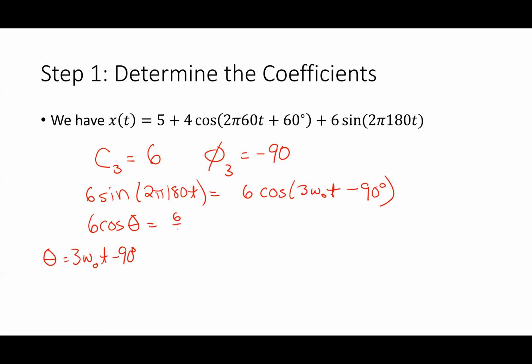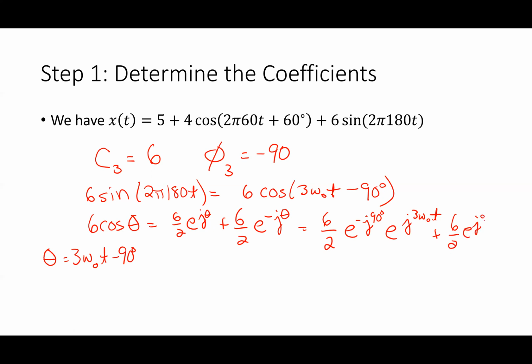And so that's 6 over 2 e to the j theta plus 6 over 2 e to the minus j theta. I just use Euler's identity to write that out. And that gets me to 6 over 2 e to the negative j 90 degrees times e to the j 3 omega naught t, plus 6 over 2 e to the j 90 degrees e to the negative j 3 omega naught t. Like that. Okay.